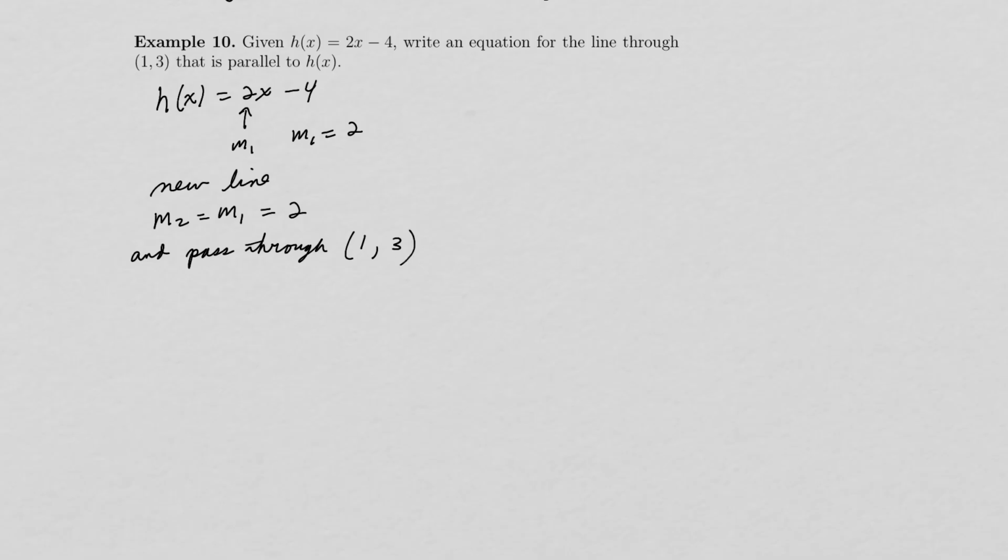Okay, so we can find this line just by using the point-slope form or the slope-intercept form. It doesn't really matter. Let me call this x1, y1. Let me just use the point-slope form. So I have y minus y1 equals m times x minus x1.